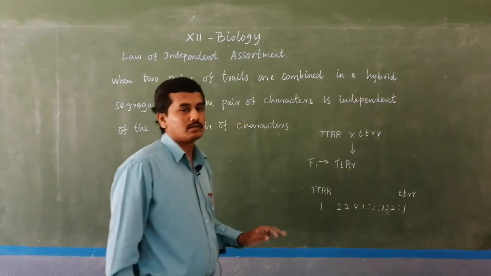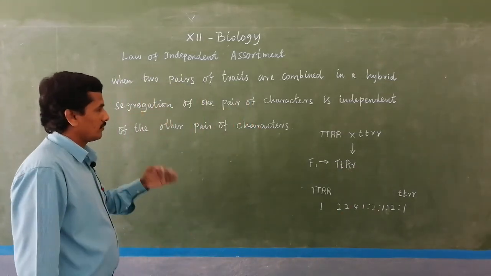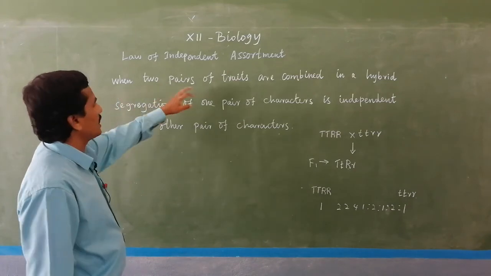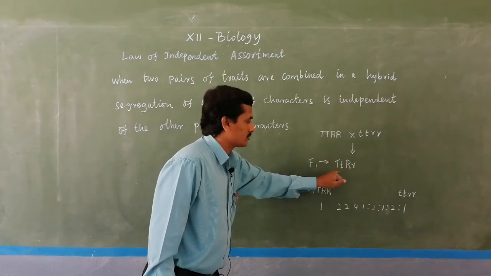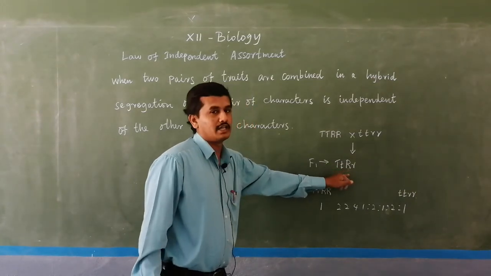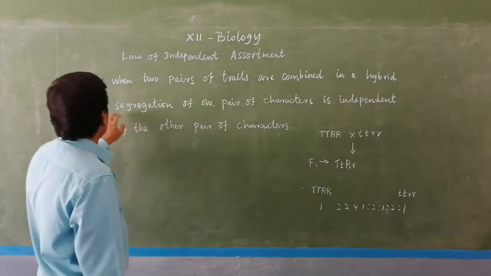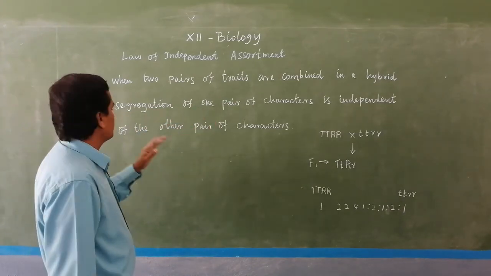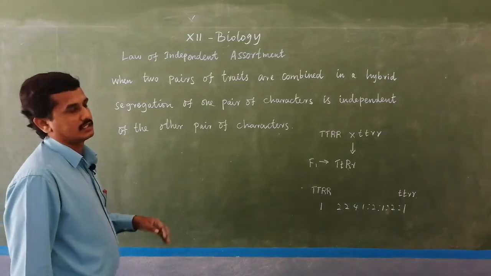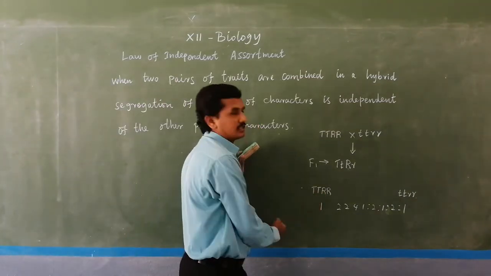Tall pea plant with round seeds is produced. But in the F2 generation, now listen, when two pairs of characters are combined in a hybrid, segregation of one pair of characters is independent of the other pair of characters. Segregation means what? Separation.